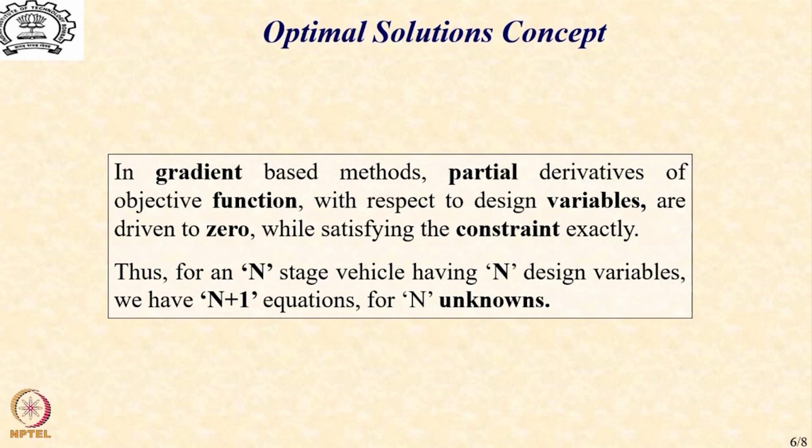So we are going to have n plus 1 equations, in which n equations are obtained from the partial derivative exercise and the n plus 1th equation is obtained from the constraint, and this system of n plus 1 equations is in only n unknowns. And you immediately realize that that is something which needs to be addressed before we can look at the solution itself.